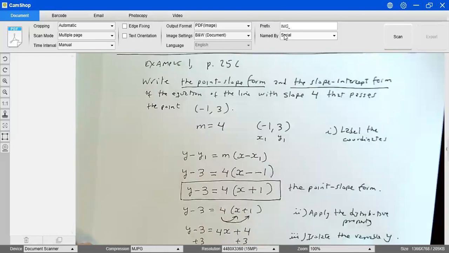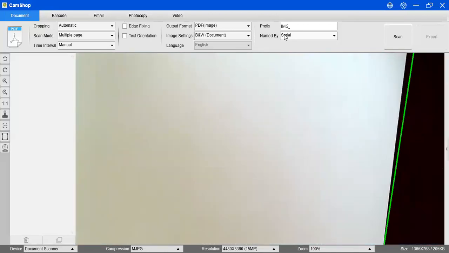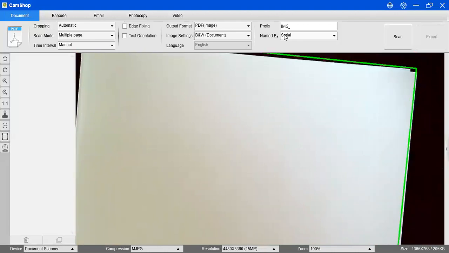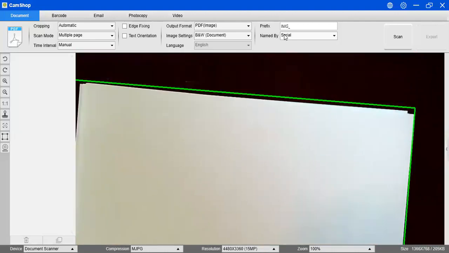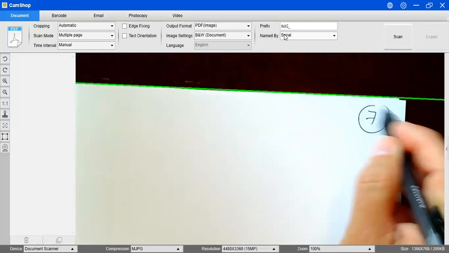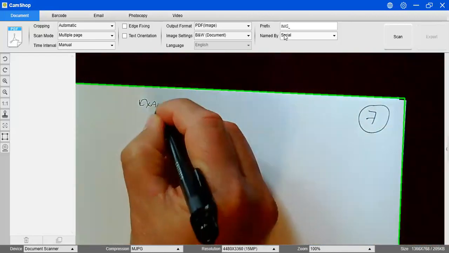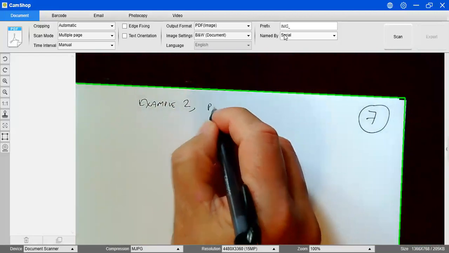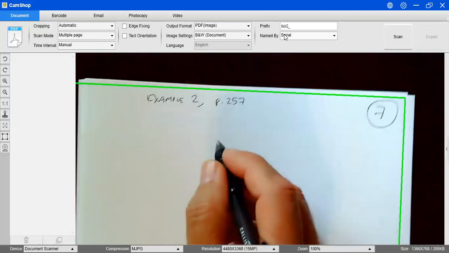Now I'm going to solve one more example. And possibly you're going to have some work to do. So let's see. This is going to be example 2 on page 257.